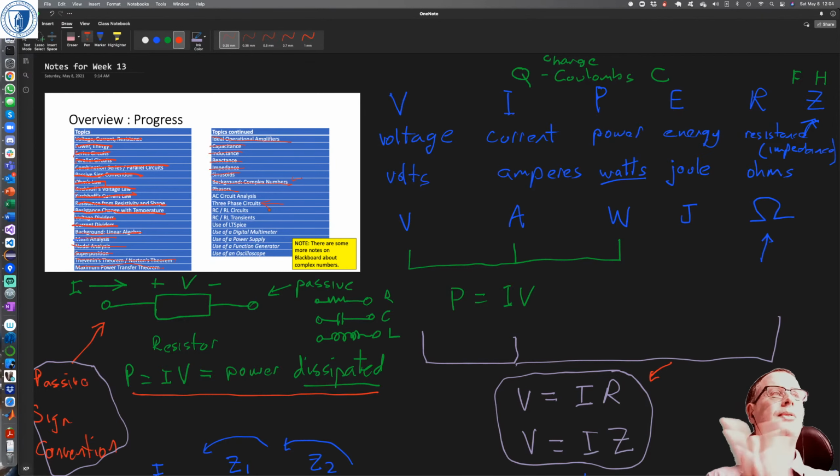We can do all of those things, but now with complex impedances rather than just resistances. So that's effectively what I mean when I say AC circuit analysis.